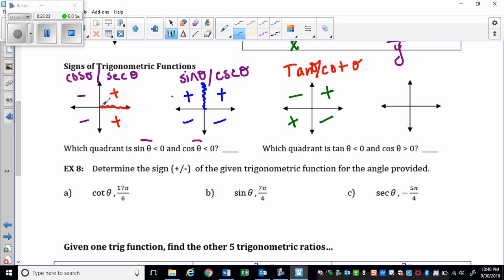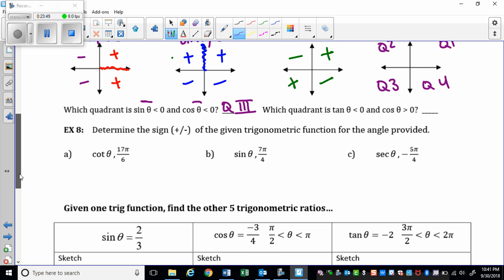So they're both negative in quadrant 3, let's write it Q3. That's it. So this is quadrant 1, quadrant 2, quadrant 3, quadrant 4, and we use the Roman numerals to label them. You guys can try the next one.